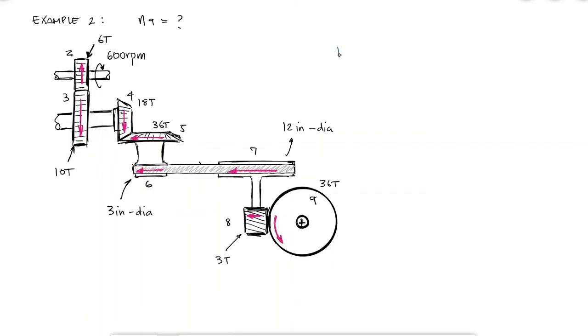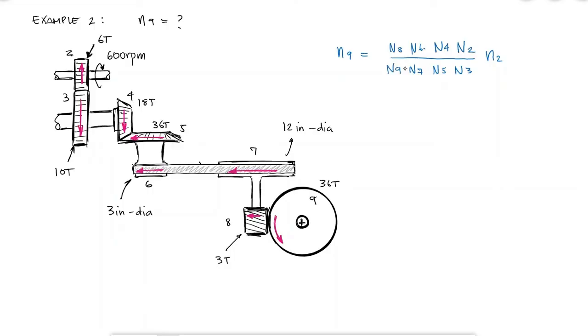To find the speed value of gear 9 as a function of the speed of gear 2, and by remembering what I said at the beginning of the video, that lowercase 2 will go together with capital N2, I identified that gear 2 is a driving gear, and so is 4, 6, and 8. The gears being driven would be 3, 5, 7, and 9.